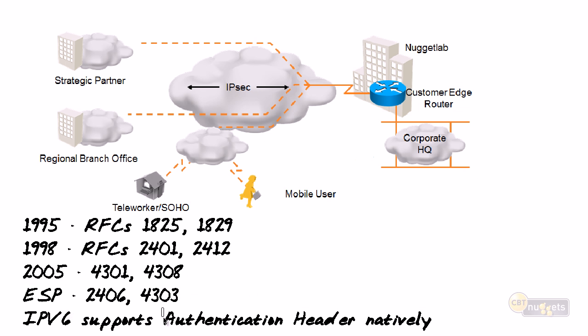One thing about AH, it doesn't provide confidentiality through crypto systems. It doesn't encrypt and decrypt the actual message, but ESP will do that for us. So IPv6 really supports natively integrity mechanisms and authenticity mechanisms with hashed message authentication codes, or HMACs. An HMAC is basically going to take a cryptographic hash and seed it with a shared secret key.